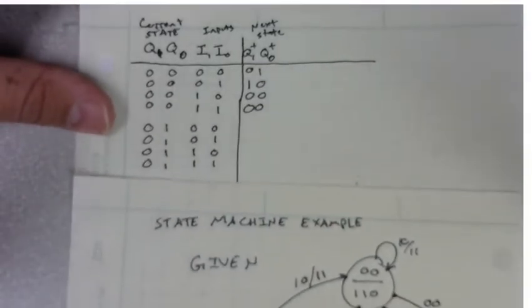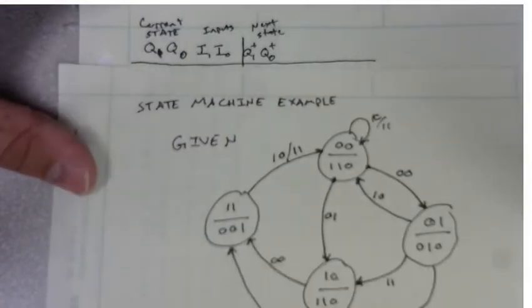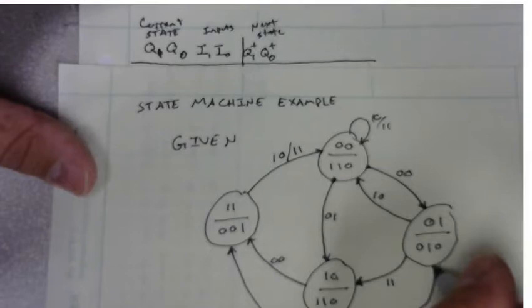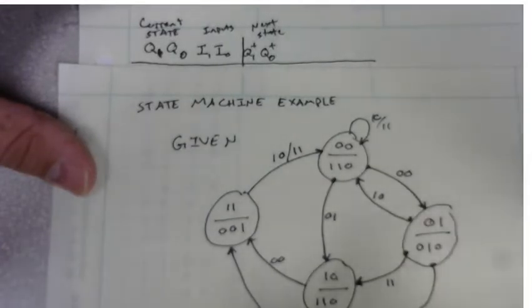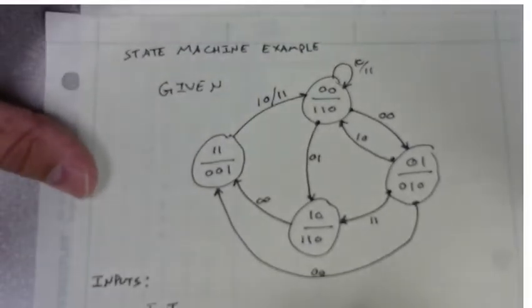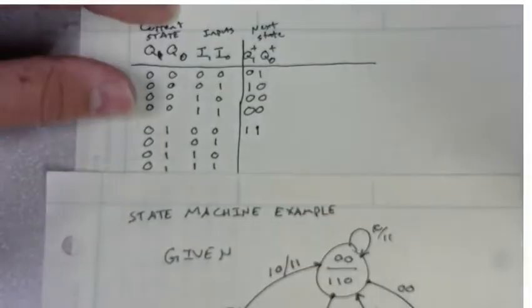All right, so the next set of states is states 0, 1. Looking at the state diagram, I see I can leave state 0, 1 in three different ways, going to three different places. With 0, 0, I'm going to state 1, 1. So for input 0, 0, I'm going to go to state 1, 1.